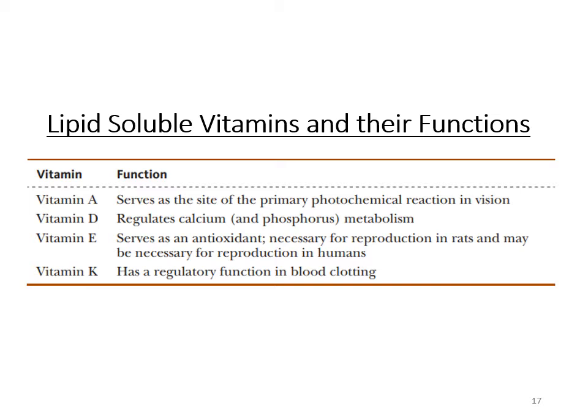Then you have vitamin E, which can have major antioxidant properties, very good for your skin. And then vitamin K, that's involved in blood clotting and can also help in terms of the absorption and use of some other vitamins like vitamin D. So for instance, you'll notice sometimes when you take a vitamin D supplement, it will be paired with a vitamin K to help better utilize the vitamin D.